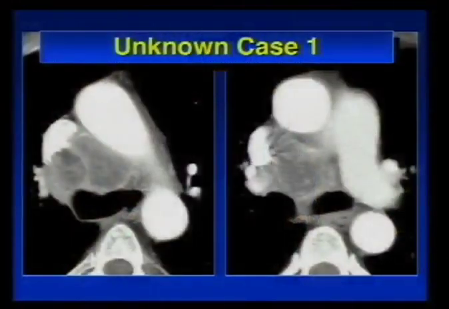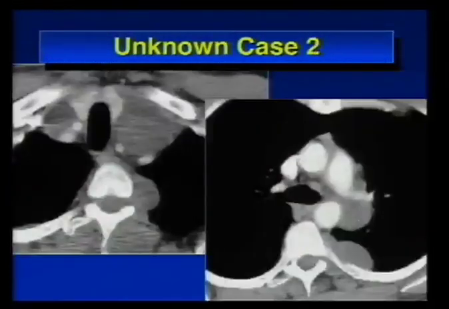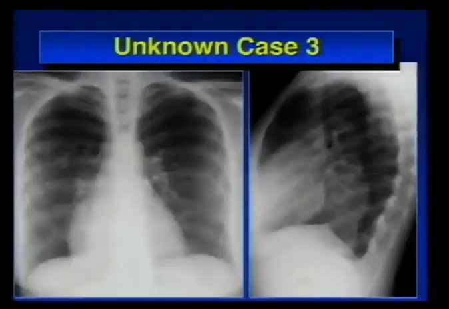I'm going to be discussing mediastinal and pleural disease. And let's start with the unknown cases. What could this be? Luckily, this isn't an actual test, but just think to yourself. So what could this be? Next case, case 3.